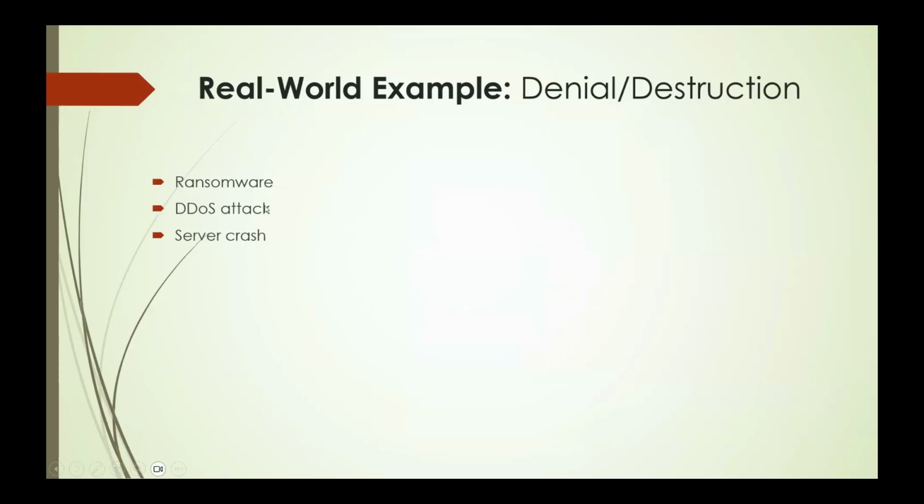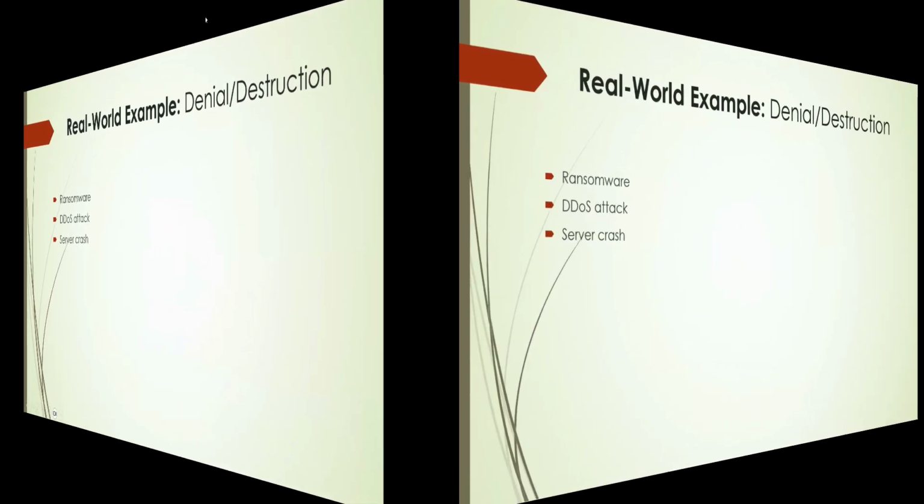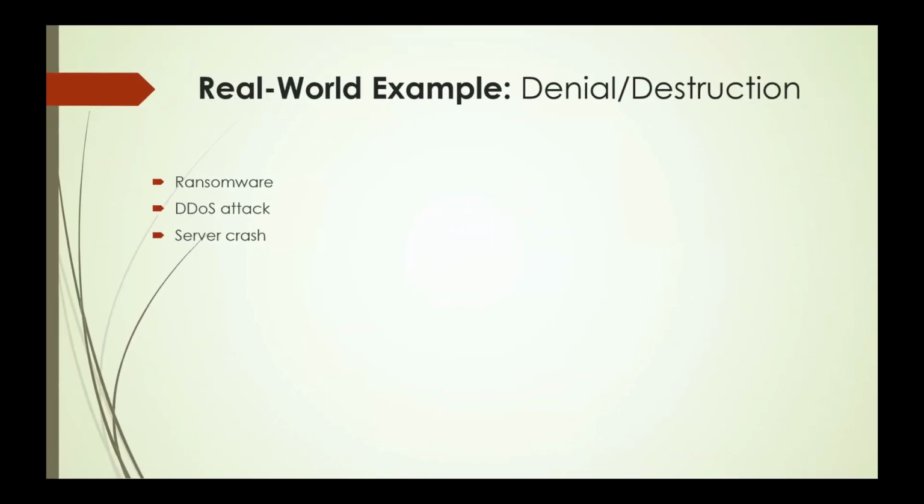Then the DDoS attack, which is called a distributed denial of service attack. So, what is DDoS? DDoS is a cyber attack where many computers or devices flood a server, a website, or a network with massive traffic, making it slow or completely unavailable to real users.